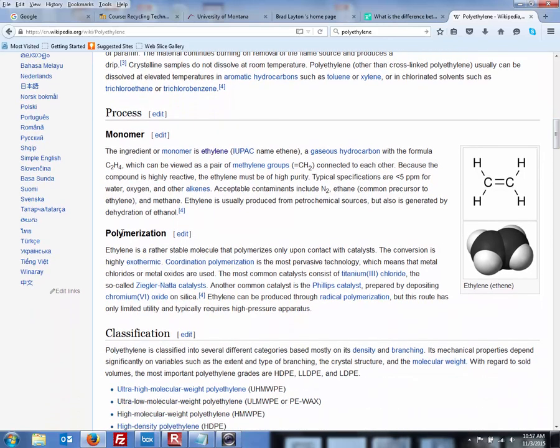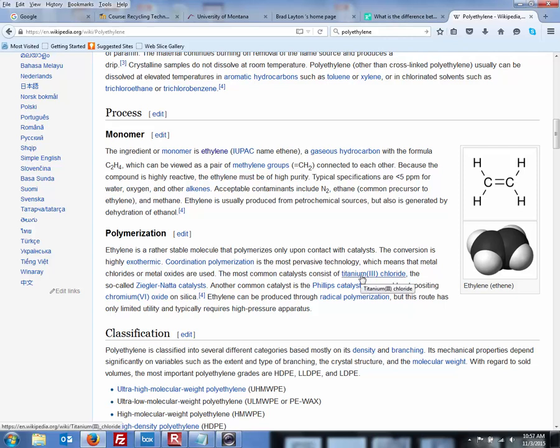Okay. Ethylene, as we probably guess, is a stable molecule, polymerizes only upon contact with catalysts. The conversion is exothermic, meaning it gives off heat. Coordination polymerization, the most pervasive technology, it means the metal chlorides or metal oxides are used. So the chemical process itself is going to be relatively toxic.